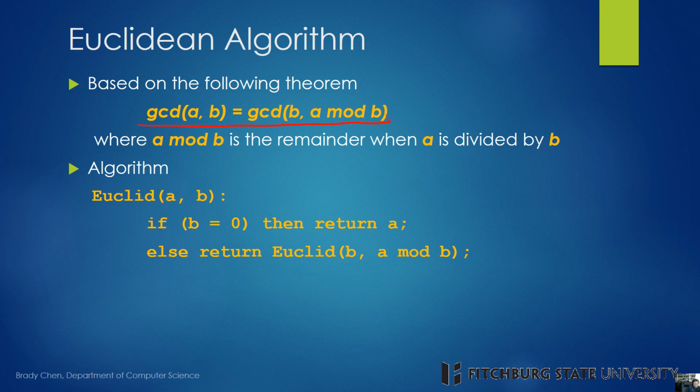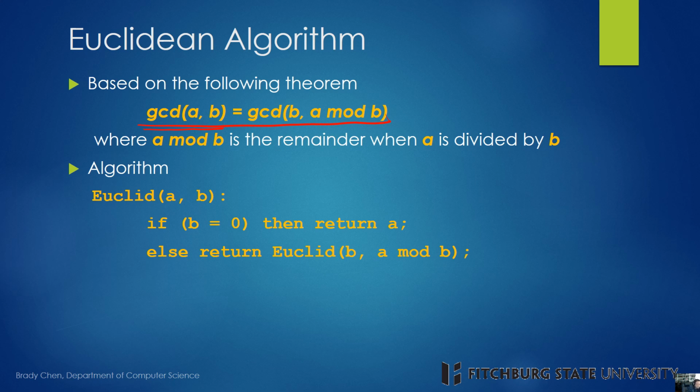You are probably confused by the notation, so let me explain this. In order to find the greatest common divisor of A and B, we assume that both A and B are positive. If it's negative, we just switch the sign to positive, and this won't change the result.